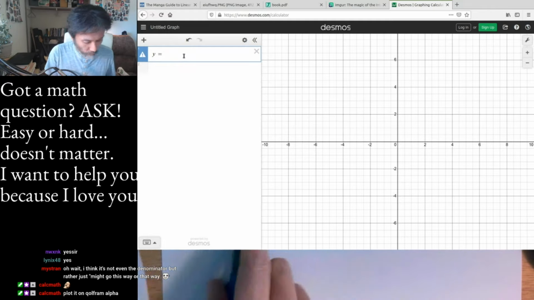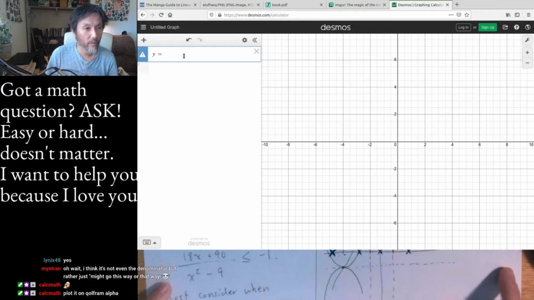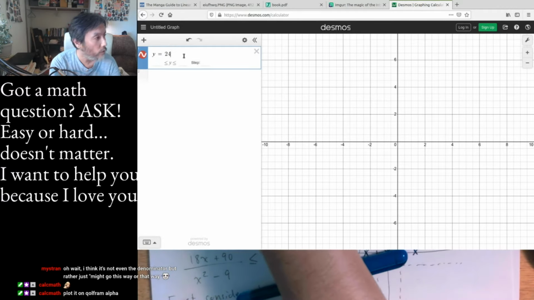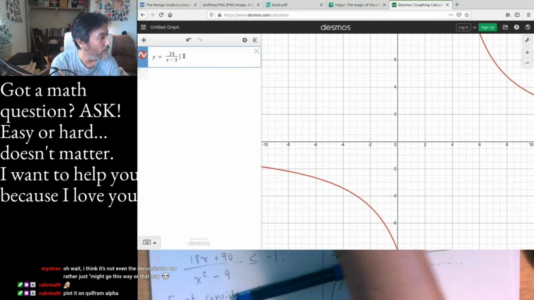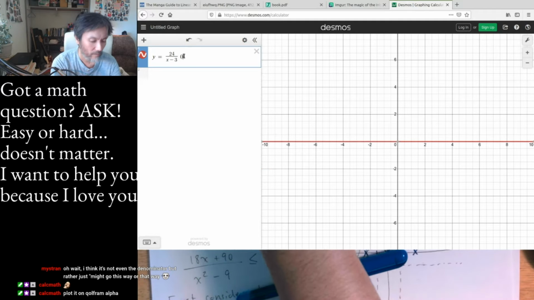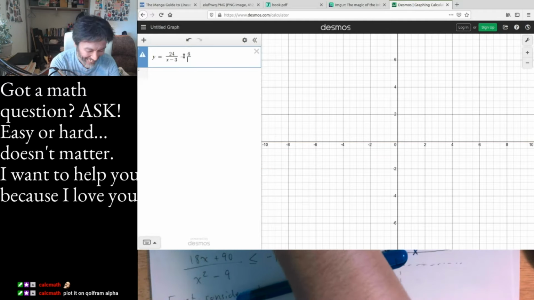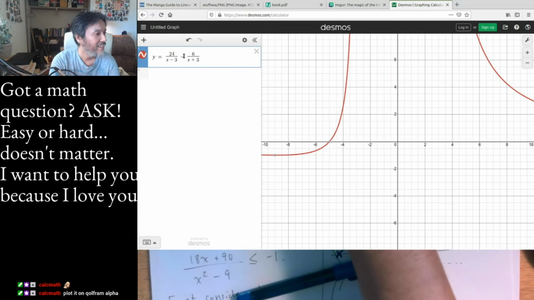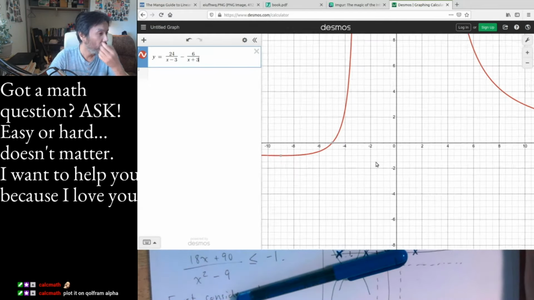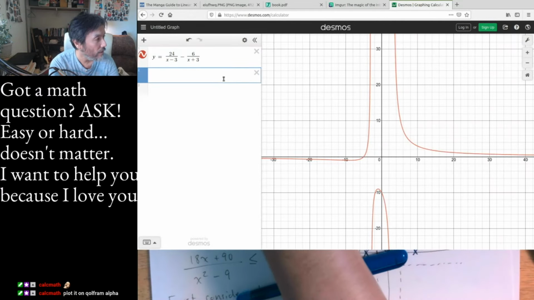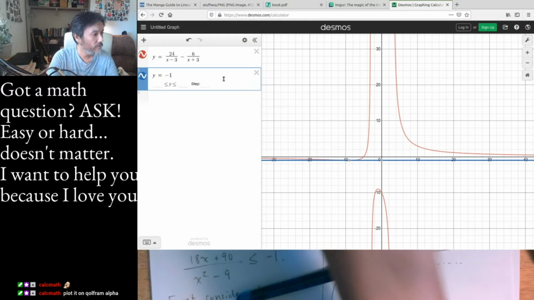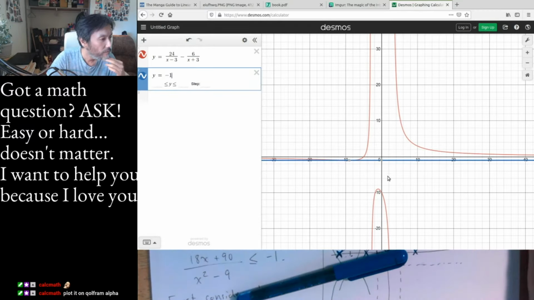We're going to graph this function: 24 over x minus 3, minus 6 divided by x plus 3. And we're also going to plot the line y equals -1.